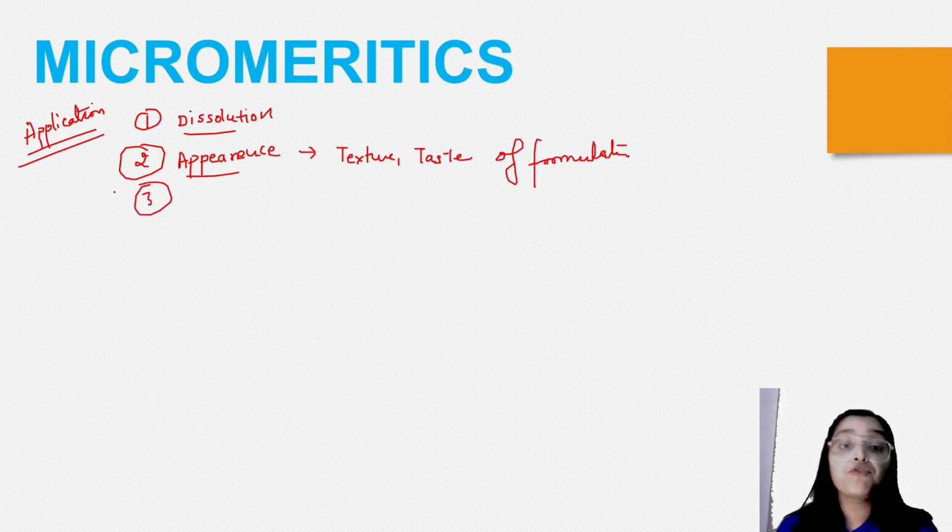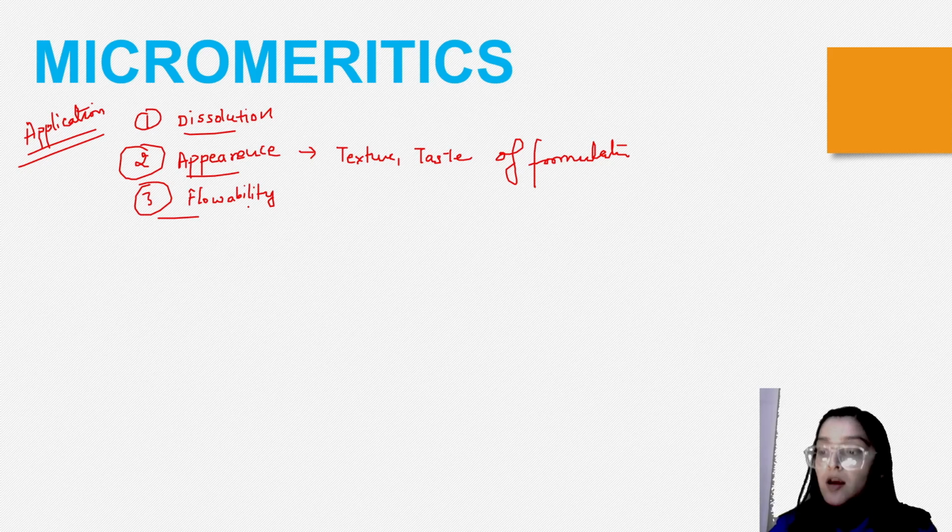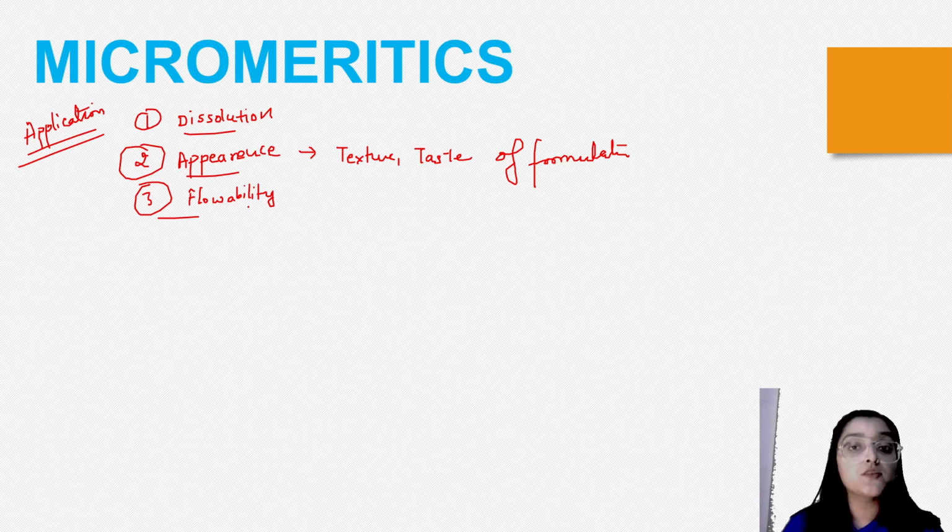Third is flowability, another very important topic. Flowability means the tendency of the particle to flow. In case of powders, this is a very important topic from your exam point of view, which includes the powder flow properties.